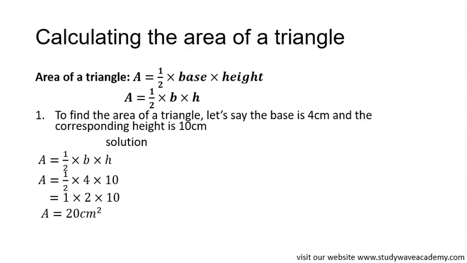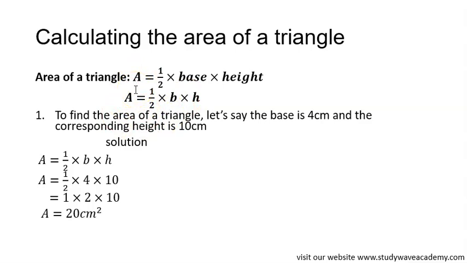To calculate the area of a triangle, the formula is A equals 1 over 2 times base times height. It can be written as A equals 1 over 2 times B times H. B is the base, H is the height, okay? A is the area.